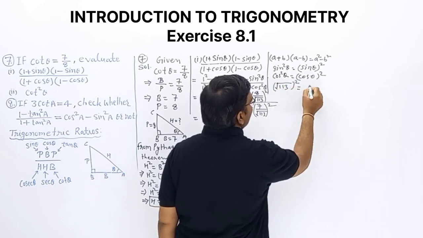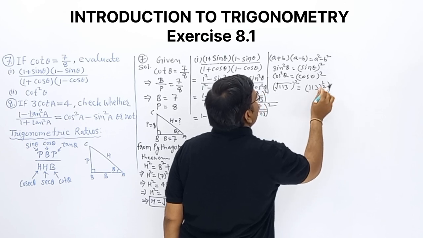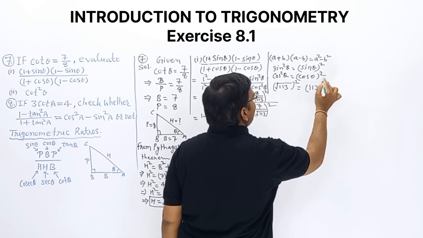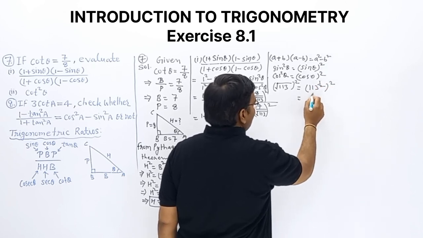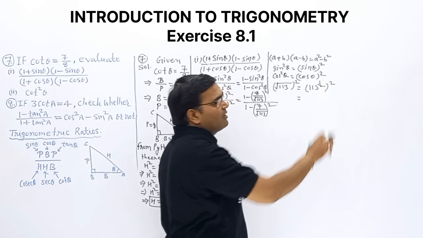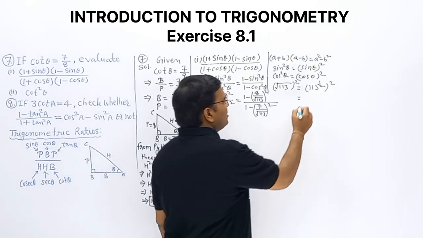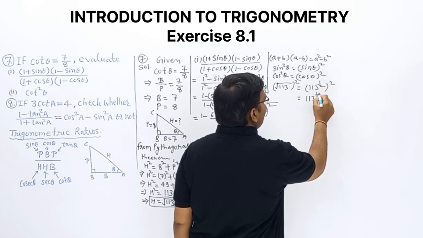So how will we solve this? 113 power 1 by 2 and its whole square. A power m whole power n: laws of exponents will be applied. So this can be written as 113 with both powers multiplied, 1 by 2 into 2.